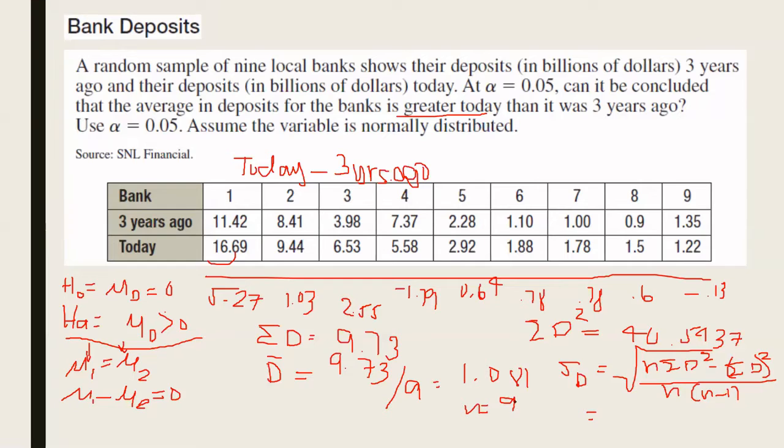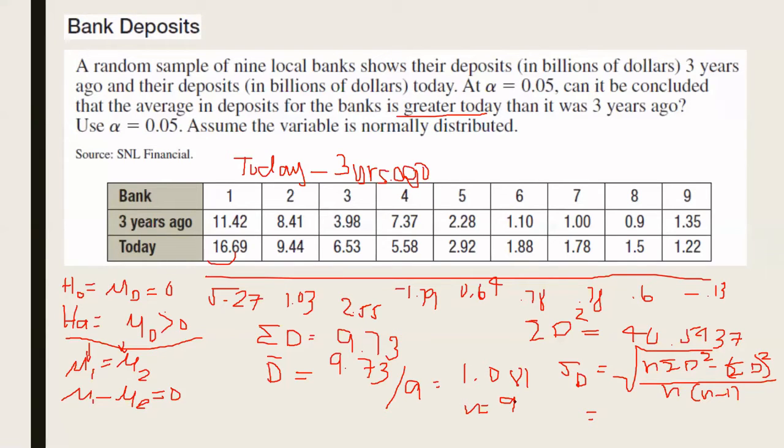Okay. So we have 9 times 40.5437 minus the square of the sum, which is 9.73 squared, divided by 9 times 8.